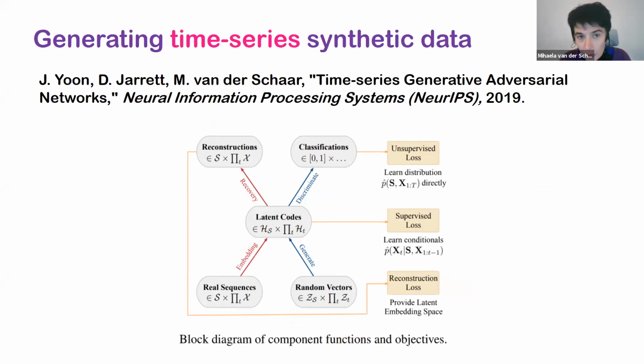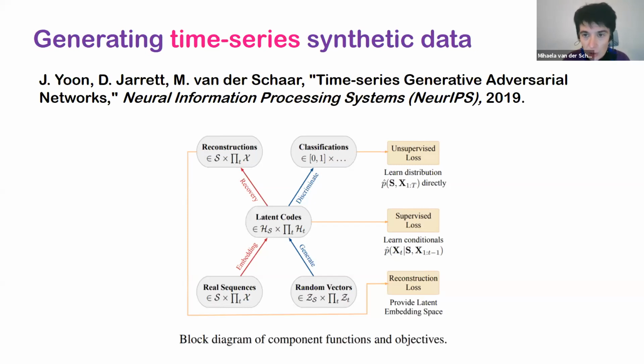This is wonderful for the static setting, and if you want stronger guarantees, we have other works, but it's a static setting. In the time series setting, as I mentioned before, things become more complicated. So one could say, well, I could use generative adversarial networks for time series analysis as well, but this is more complicated.